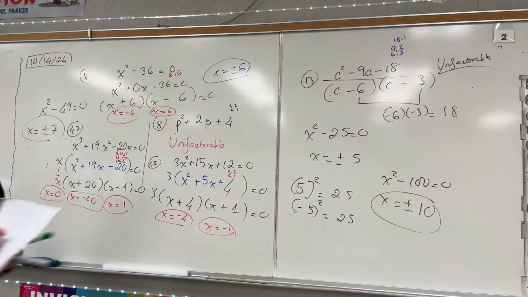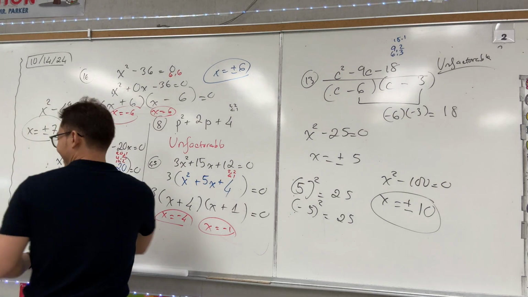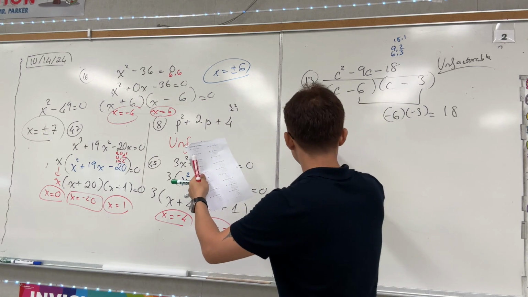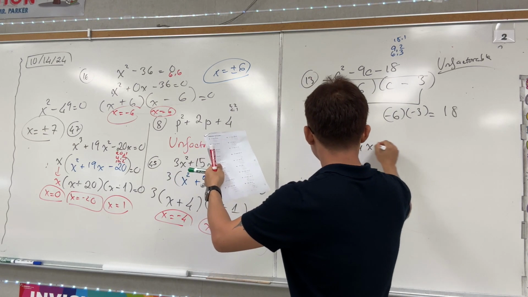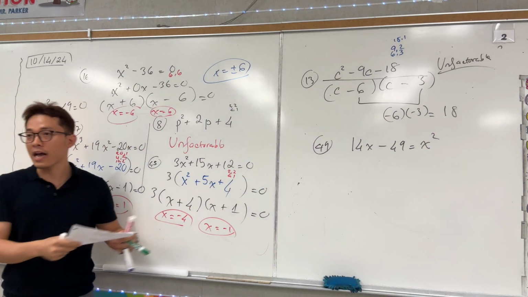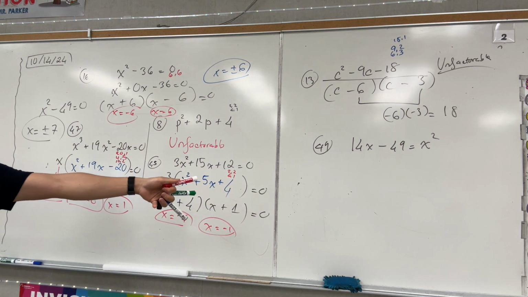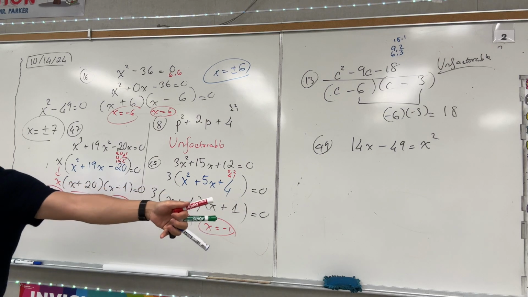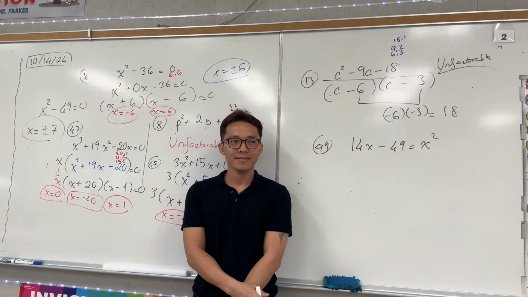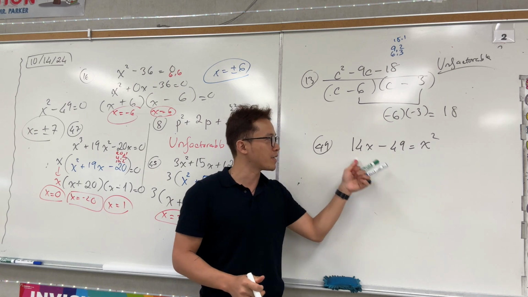And then 49. Let's review this one like a test. So 49, how do you do it? Do you want to move the x squared over here, or do you want to move this 2 over here?